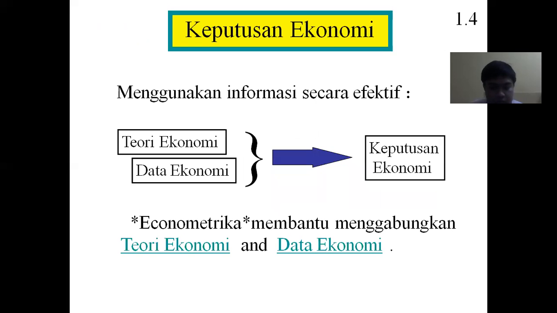So by using theory and data, we could make conclusions, and the conclusion helps combine the theory and the data so we can define good policies to alleviate or solve our problems.